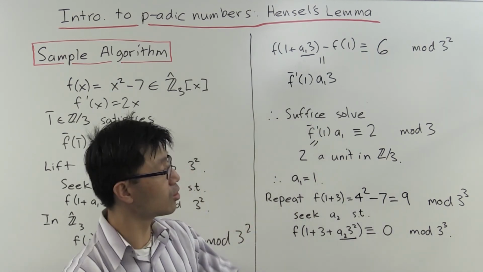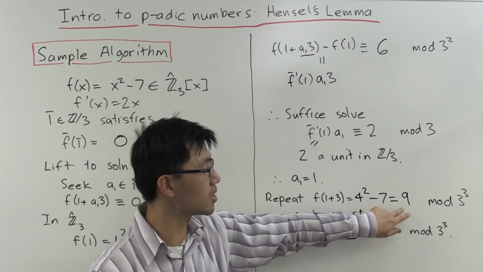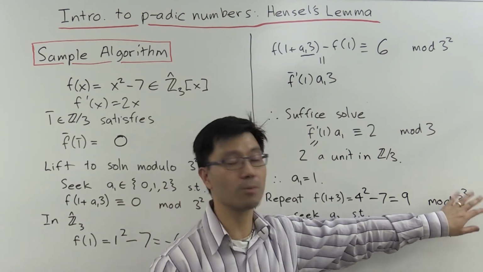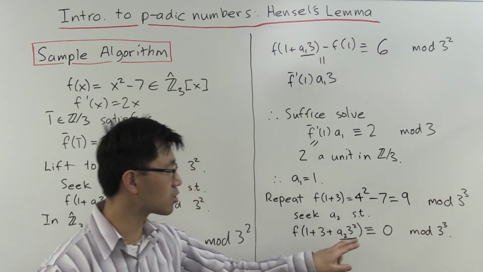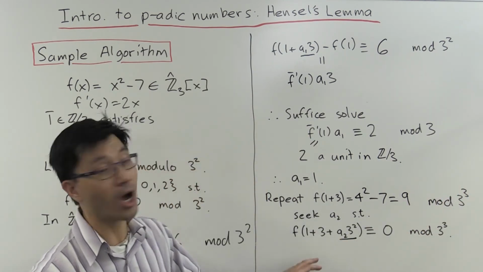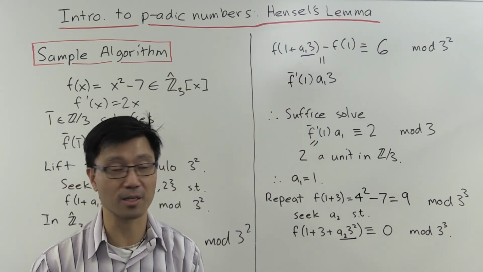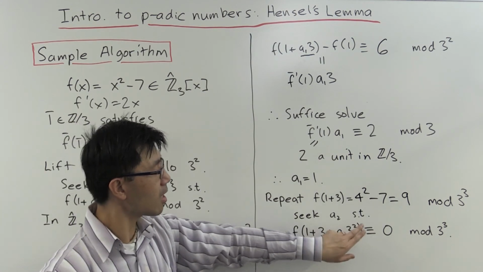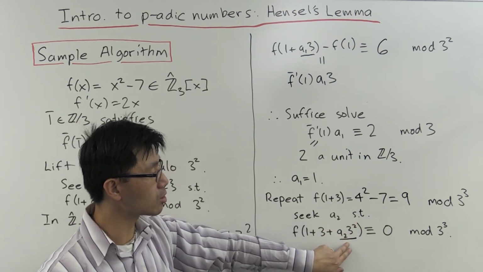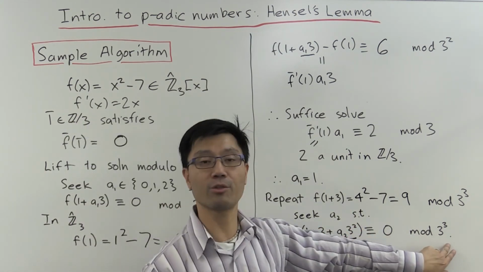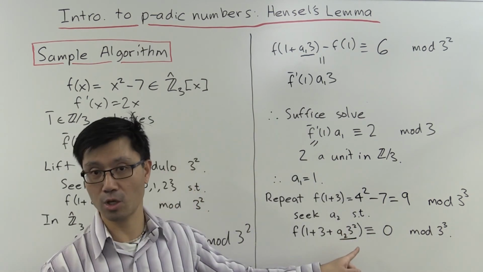Of course, you had a solution modulo 3 squared. So this is 3 squared. But modulo 3 cubed, it's no longer a solution. So you have to solve for this a2. And I hope you can see what happens in this step is just like what happened before. Firstly, this term here, when you square it, it is 0 modulo 3 cubed, because it's got a 3 squared term here.